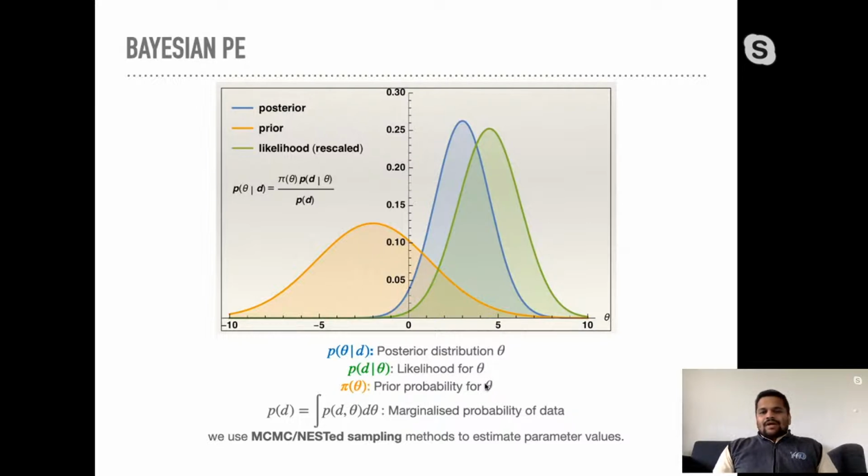So we may not have any prior knowledge about what we are looking for, or through electromagnetic observations, we may know what kind of event we are looking at, and we may have some prior information. And P of D is the probability, the prior with the likelihood which we calculate from the data, and then we multiply the prior with the likelihood quantity which we observe here.